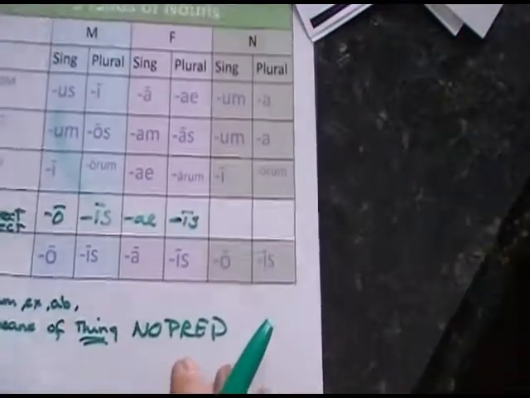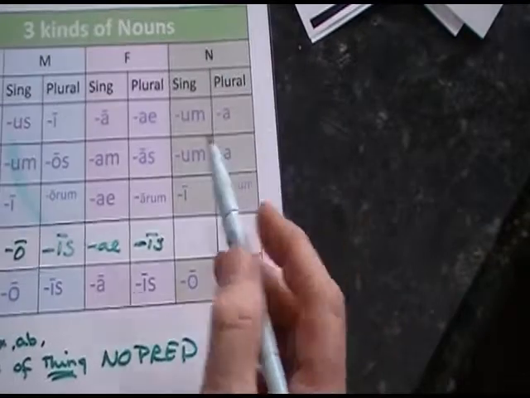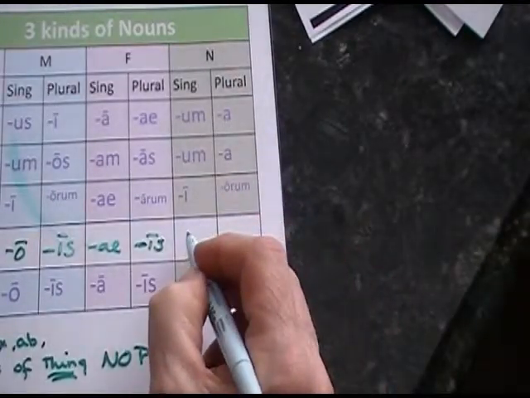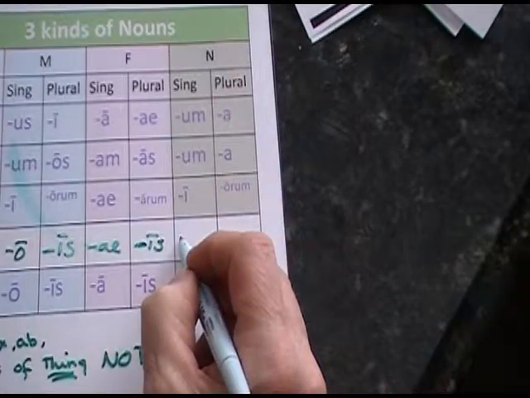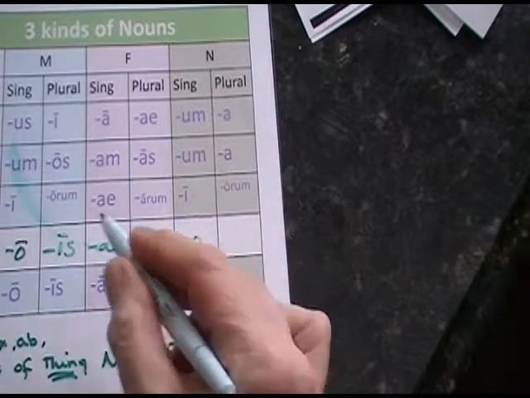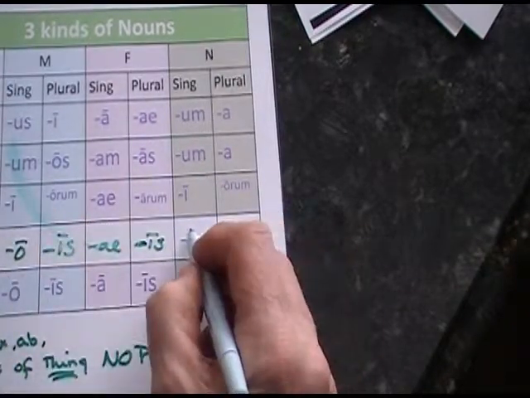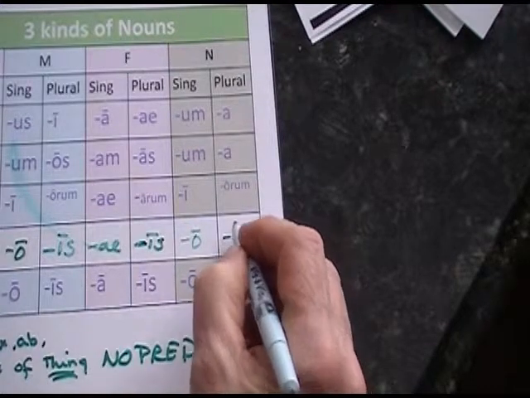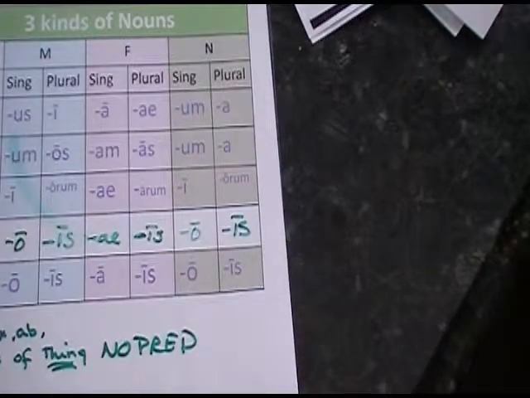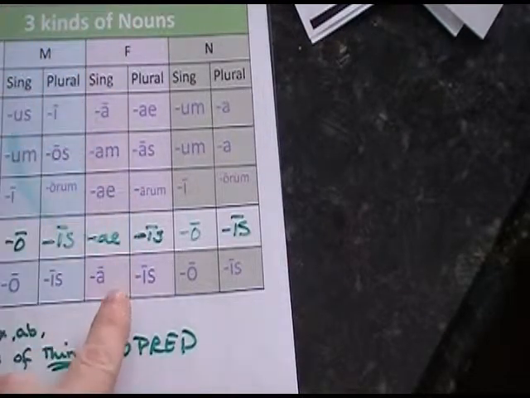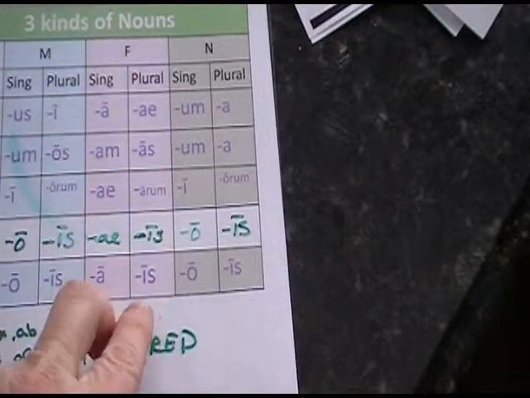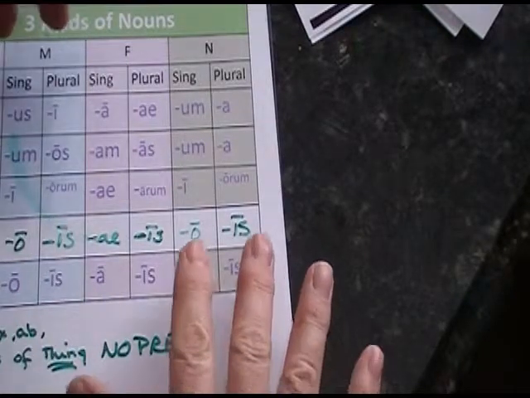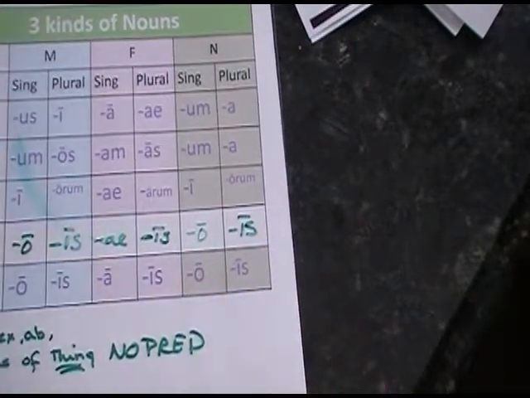And for neuter things, the dative is also going to be the same as for the masculine because they're both in the same declension, O and is. So that fills out our first declension, which is the feminine column, and second declension, which are these two columns for our charts.